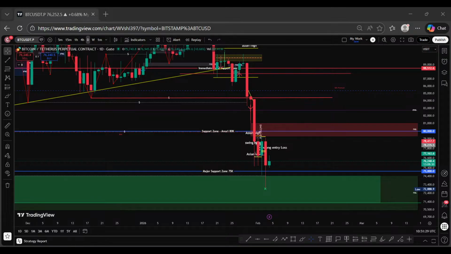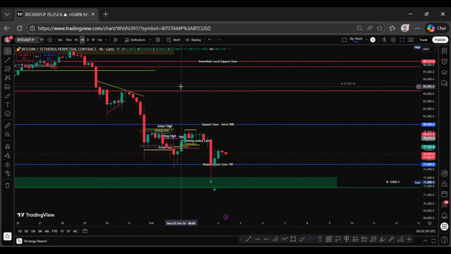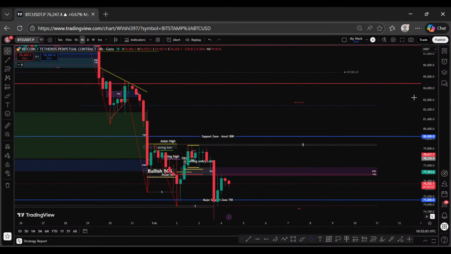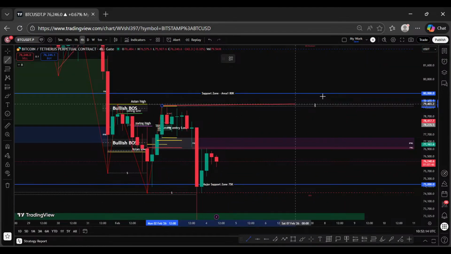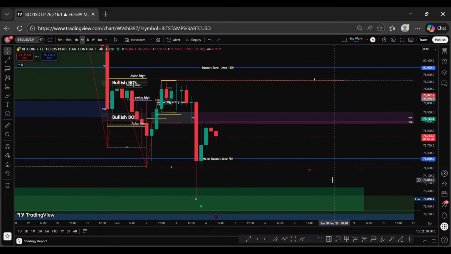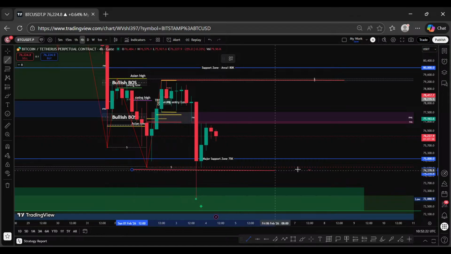So let's move back to the 4-hour chart time frame to deep dive into BTCUSDT. This is our Asian high here, and this one is our Asian low.